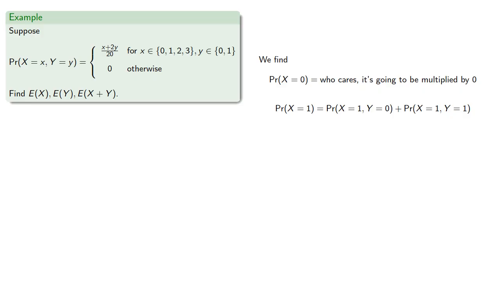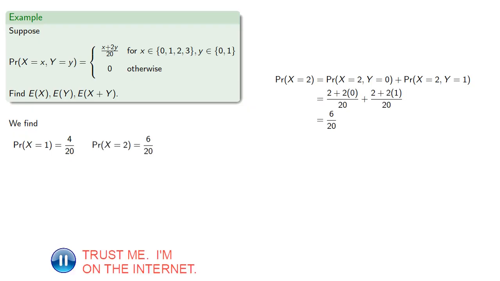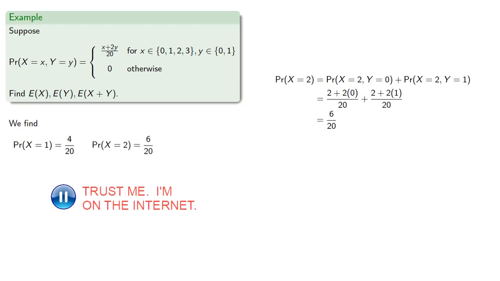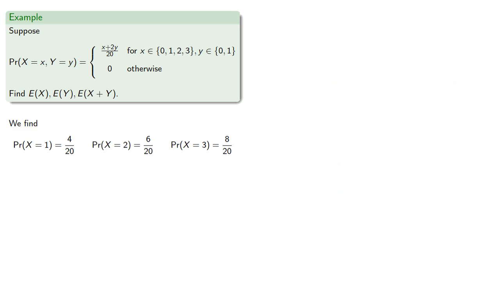And so those probabilities are, if x equals 2, the outcomes that lead to that event are, and so our probability is, and for x equals 3, we find, and that allows us to compute the expected value.